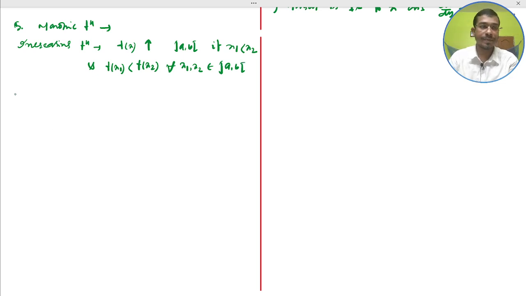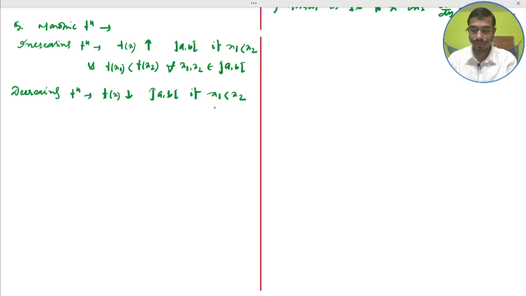Next, the decreasing function. A function f(x) is said to be decreasing in the interval (a, b) if x1 less than x2 and f(x1) is greater than f(x2) for all x1, x2 that belong to this interval (a, b).